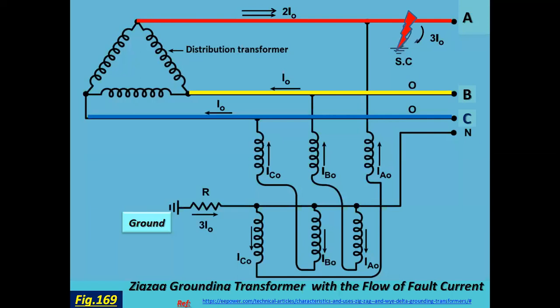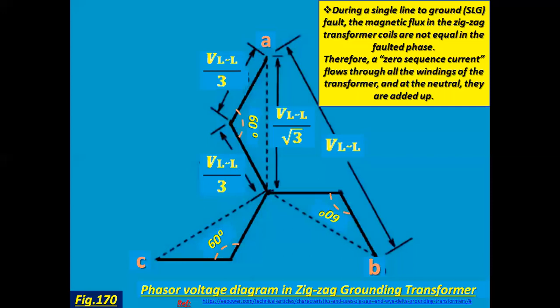See the diagram: zigzag grounding transformer with the flow of fault current. Phasor voltage diagram in zigzag grounding transformer.